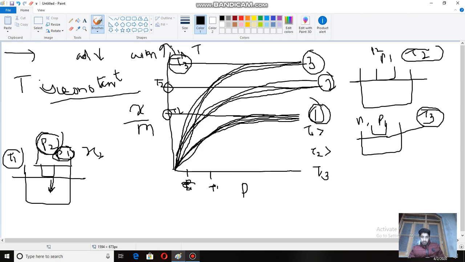T3 should be lowest of all of them, because at this temperature the mass adsorbed on the surface is more than this, which is relatively more than this. I hope it's clear to all of you.